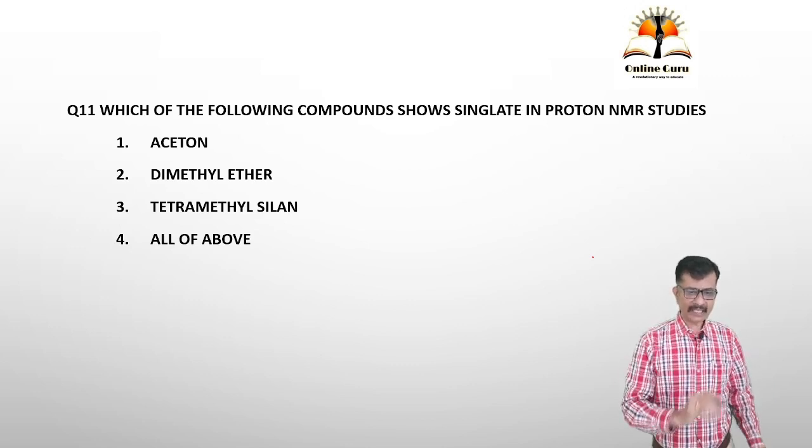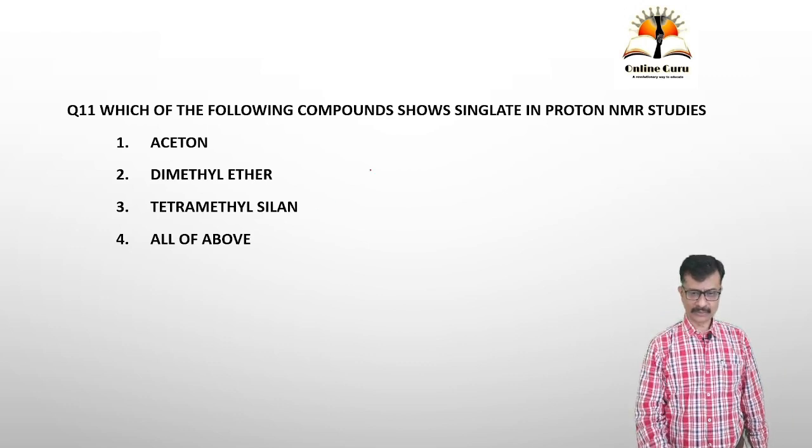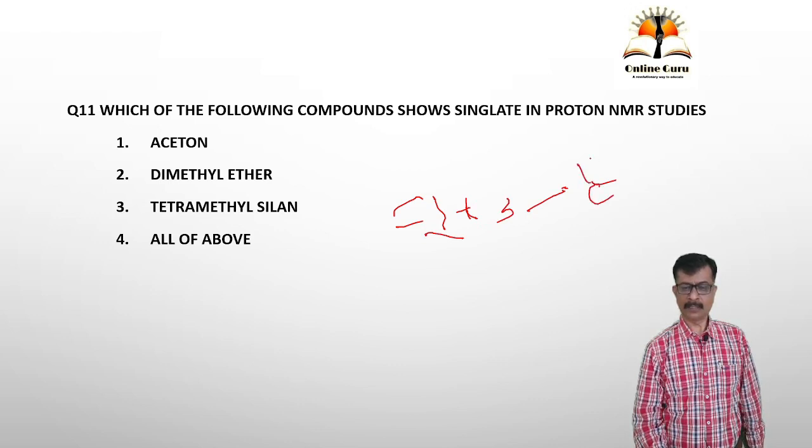If you look at all these molecules given, acetone, this is your acetone, which contains CH3, C double bond O, CH3.